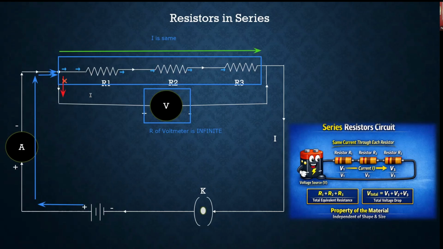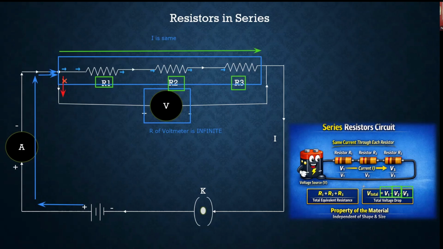That is why across each resistor, the voltage will be different. Across R1, across R2, and across R3, the voltage will be different. That's why it is shown here: voltage V1 is for R1, voltage V2 is for R2, and voltage V3 is for R3.